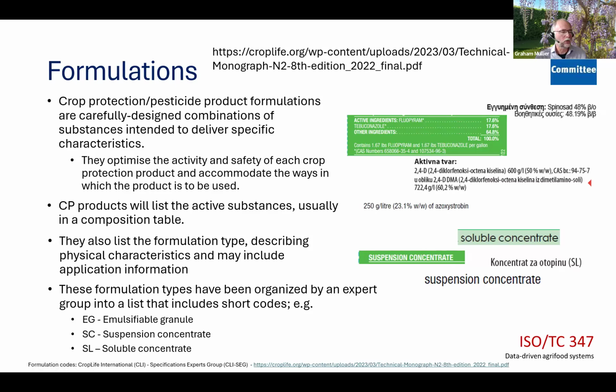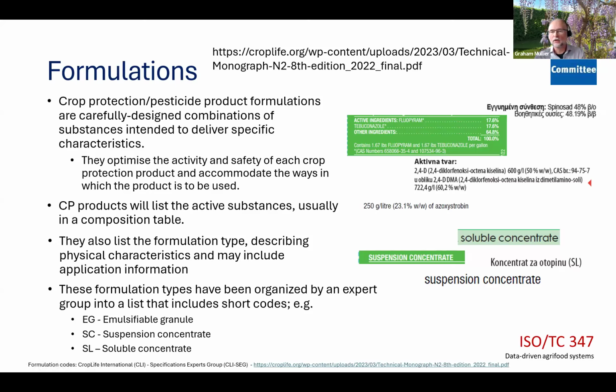The second part that we often see either written out in full, something like suspension concentrate, or possibly as a couple of letters, an abbreviation for the formulation code, SL or EG or SC, written either in a body of text or called out perhaps just under that formulation table. These are all giving us important pieces of information, but they're all there in amongst that other large pile of information.